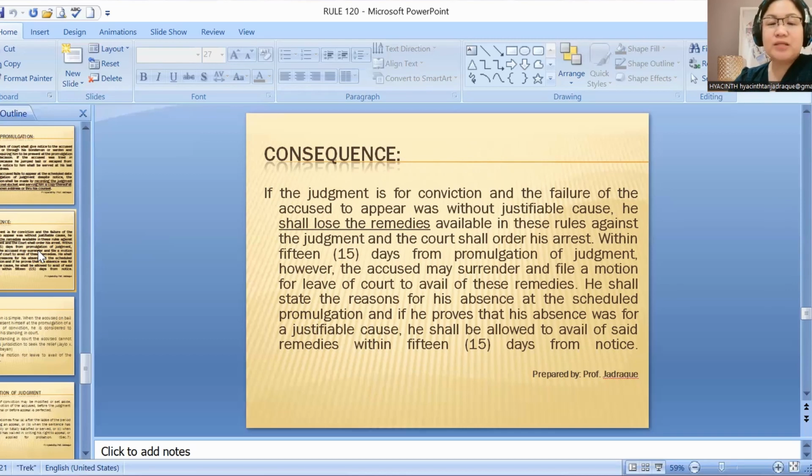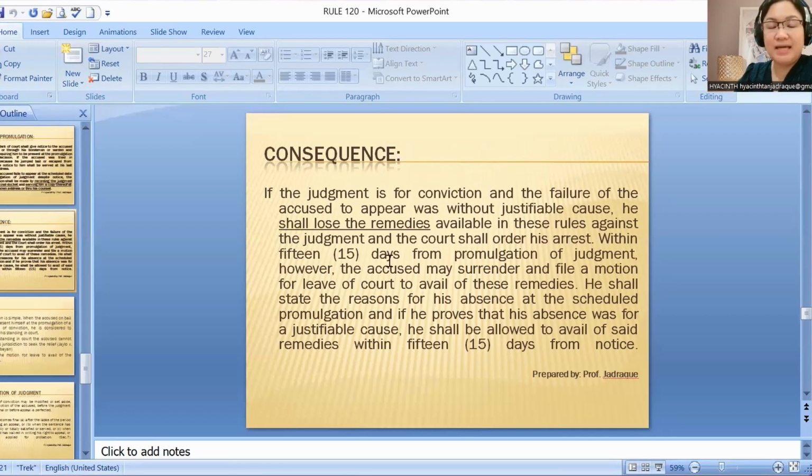If the judgment is for conviction and the failure of the accused to appear was without justifiable cause, he shall lose the remedies available in this rule against the judgment, and the court shall order his arrest. Now, of course, what is the exception? If it is for a light offense. Okay?